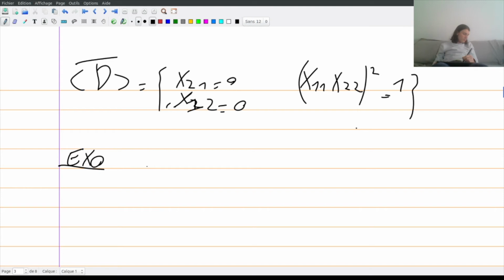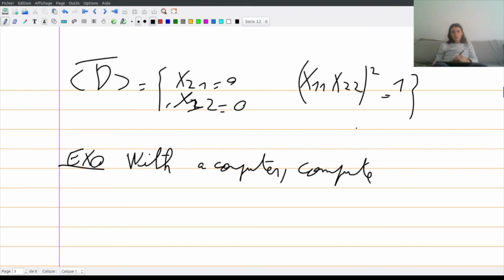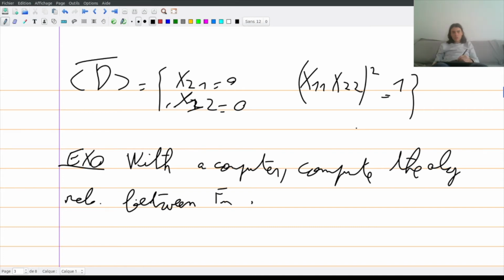It can be done by hand, or you need a computer. But for instance, you can also consider the following fact. With a computer, compute the algebraic relation between the Fibonacci sequences and (-1)^n. And then you find the relation that I've given to you at the very beginning of the talk.